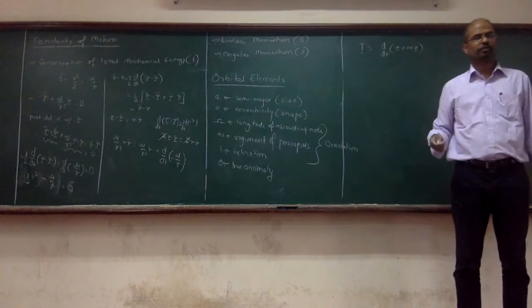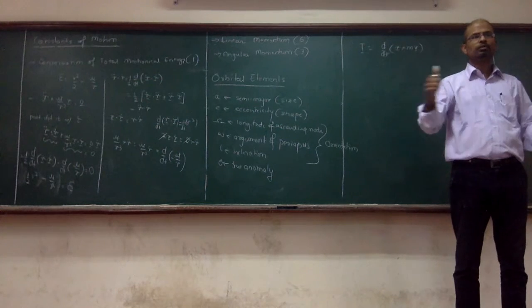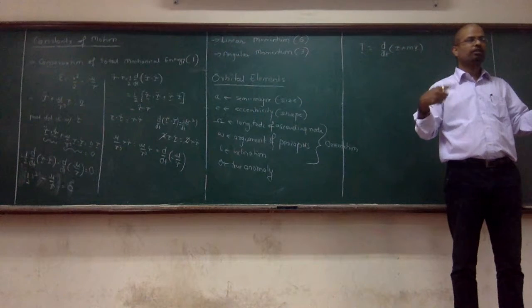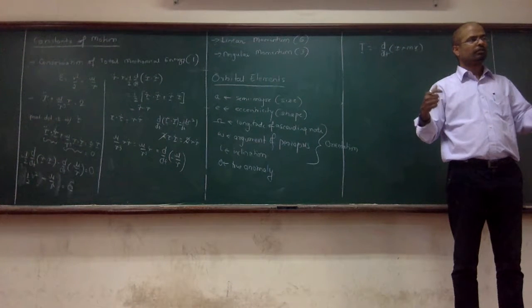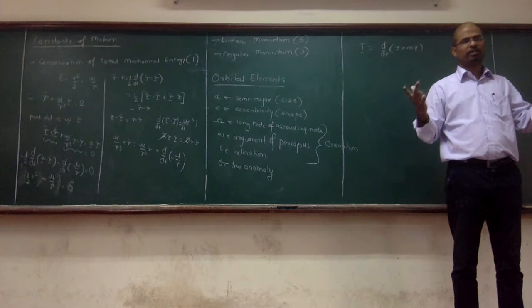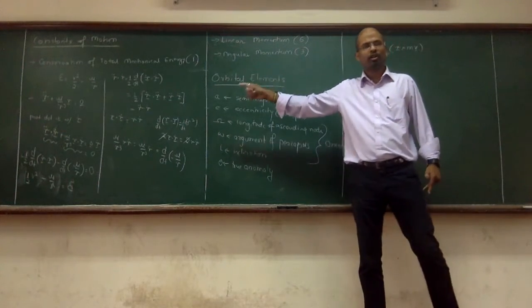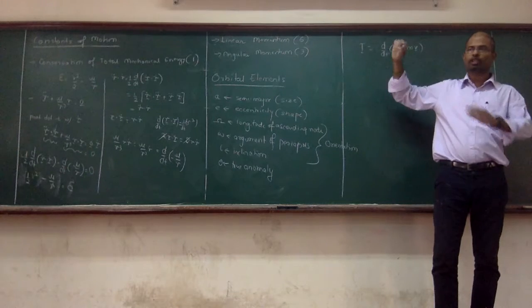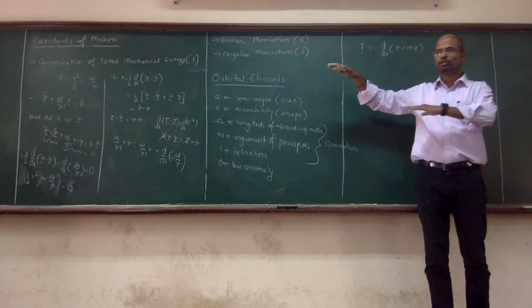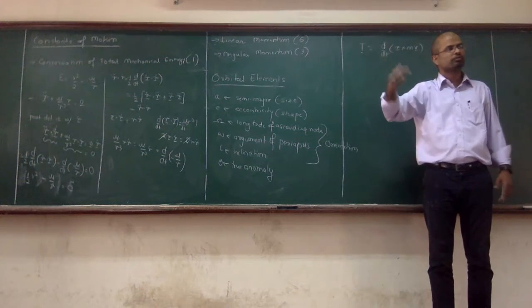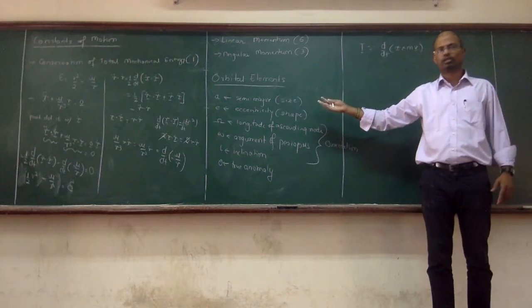Position correlates to angle. Angle is nothing but angular position. Velocity relates to angular rate. Acceleration relates to angular acceleration. Second law relates to this too. So whatever you do with translational motion, there are equivalents in rotational motion as well.